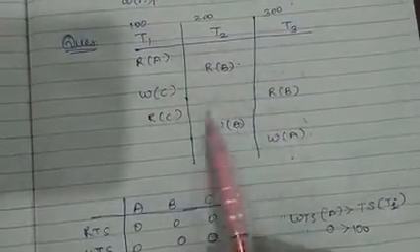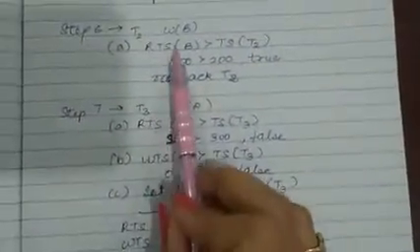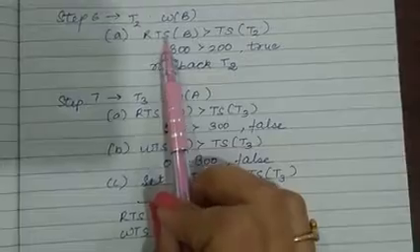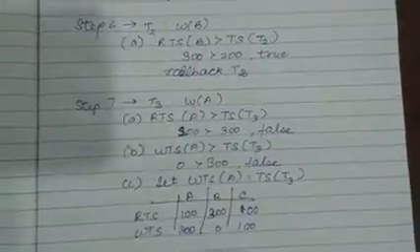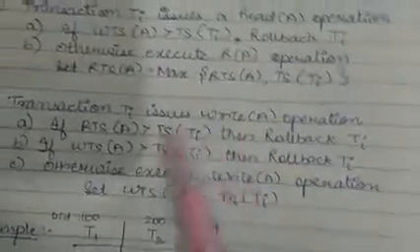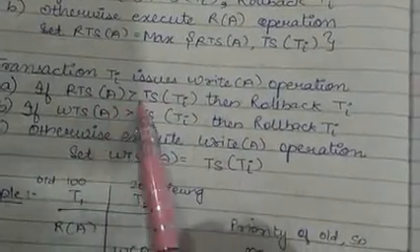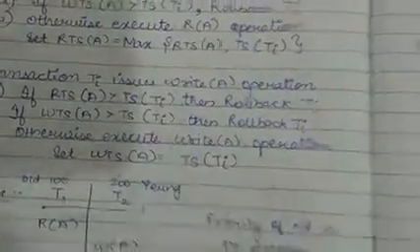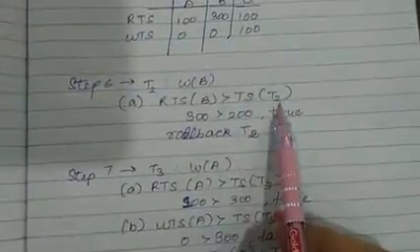Again, which operation will be executed now? We have executed till here, so this operation will work on. This is T2's WB. We are using rule 2. Is RTS B greater than TS T2?